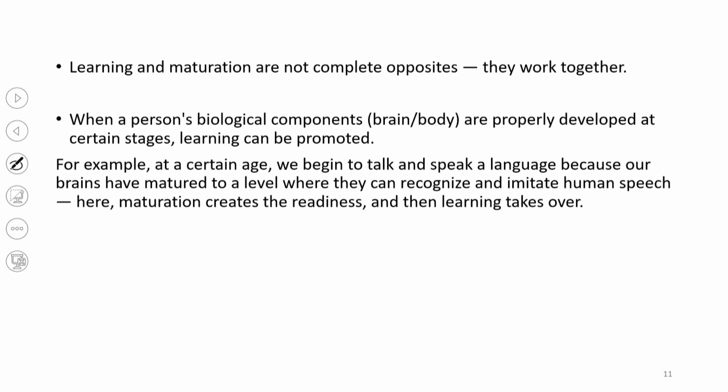When a person's biological components, brain and body, are properly developed at certain stages, only then can certain types of learning happen. As I said, for example, in learning to speak a language, a child begins to talk only at a certain age, because our brains have matured to a level where they can recognize and imitate human speech. Not before that.